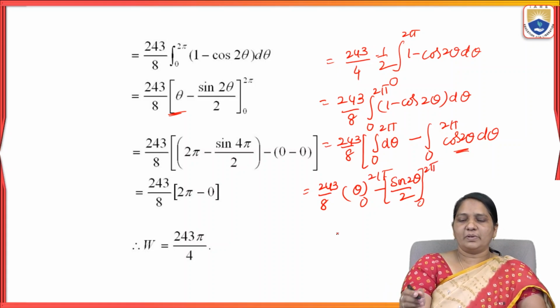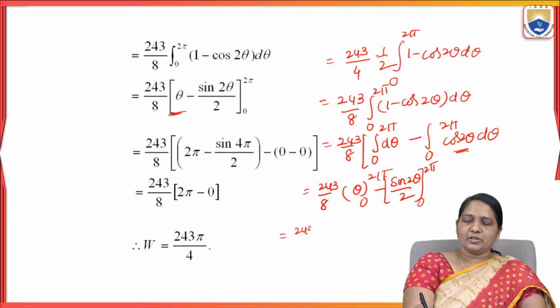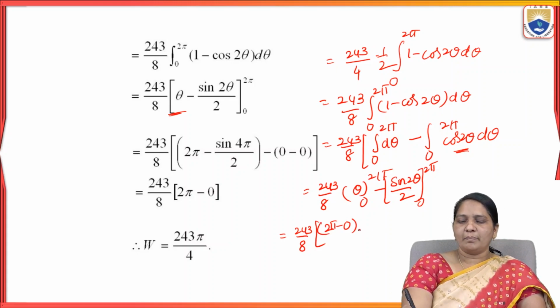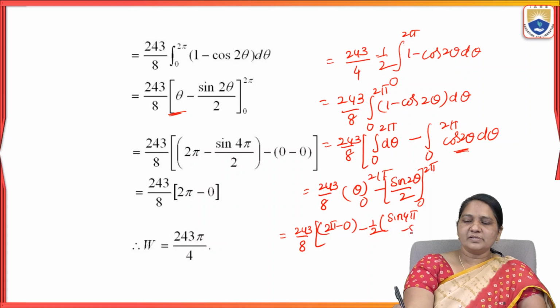Now we are going to replace the limits. 243 by 8 is the constant. First, upper limit minus lower limit: 2 pi minus 0, minus 1 by 2 into sin 2 theta, so sin 4 pi minus sin 0.